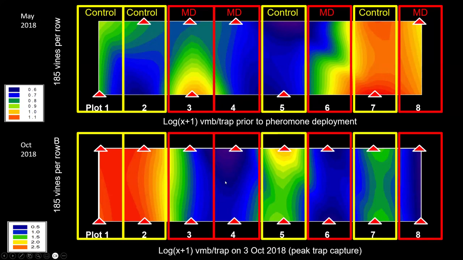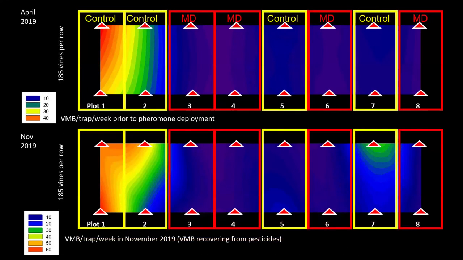So plot size, I think, does matter. While mating disruption can work on an individual plot, a small plot, or an individual vine basis, the larger the area, the more benefit you're going to get. Also, it works better year after year after year. So this is the second year.